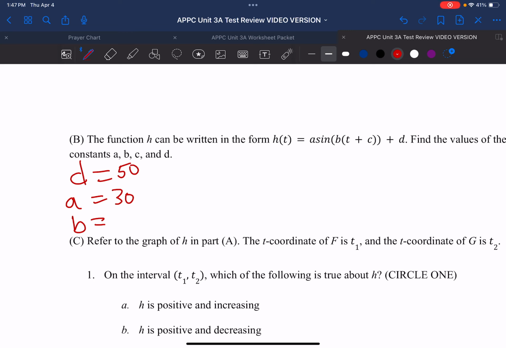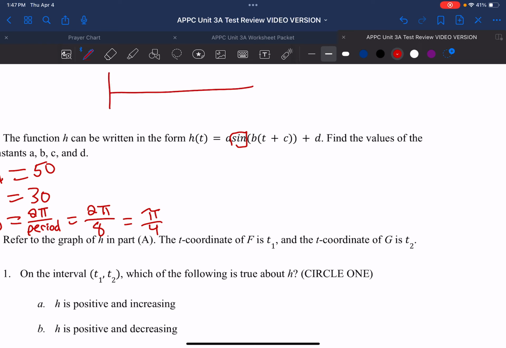And then my B value is 2 pi over my period. And here my period was 8 seconds, so 2 pi over 8. So that gives me pi over 4. Now for C, remember I'm using the sine parent function. Draw that again.